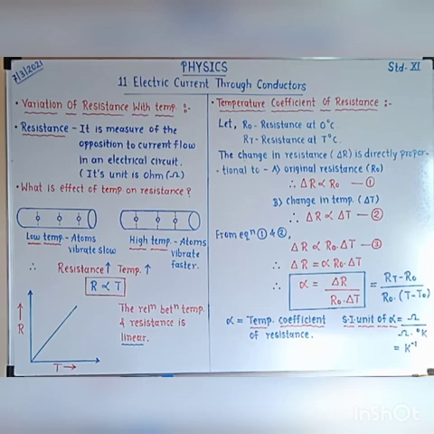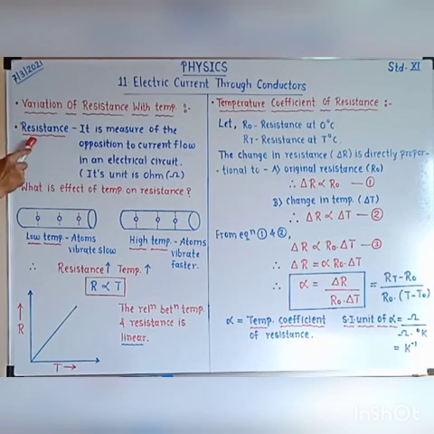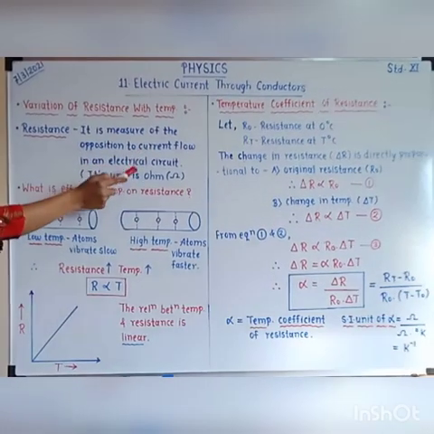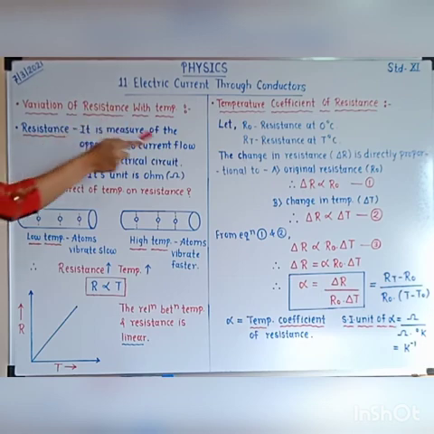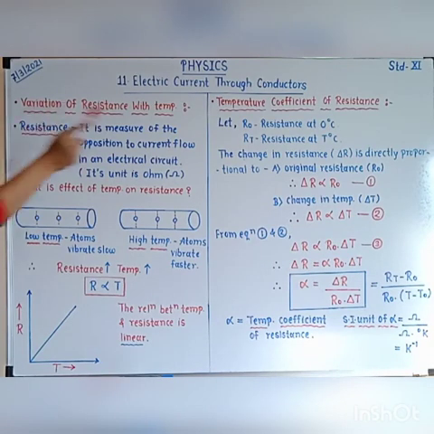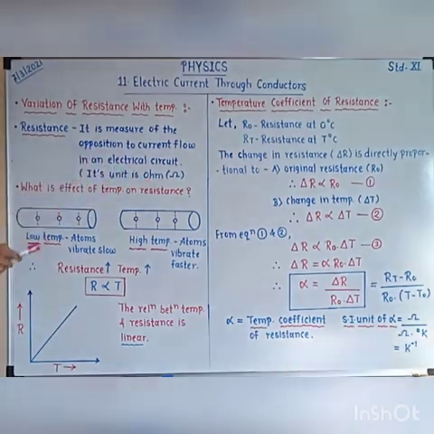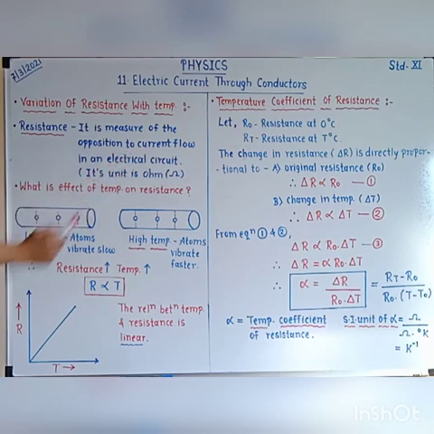So in short we can say that resistance means which opposes the flow of electric current, and its unit is ohm. The unit of resistance is ohm and it is denoted by this symbol.